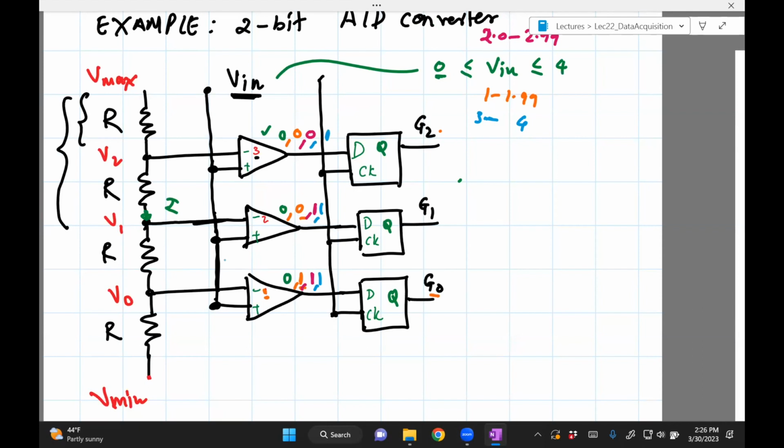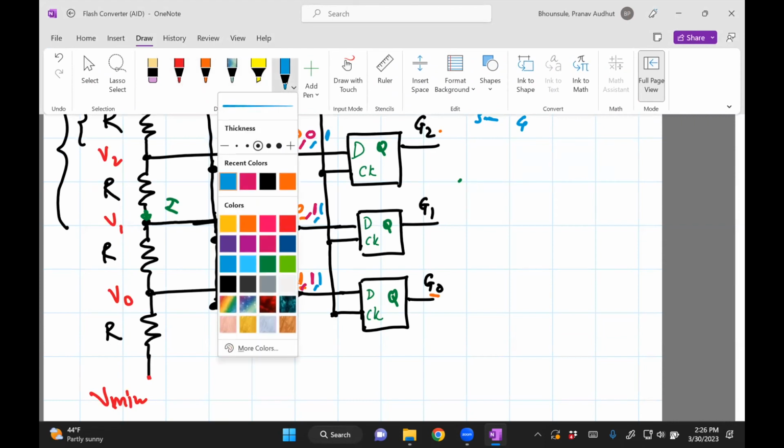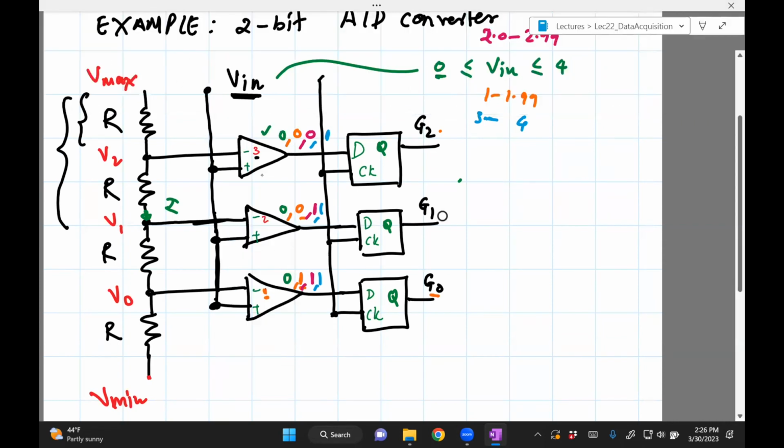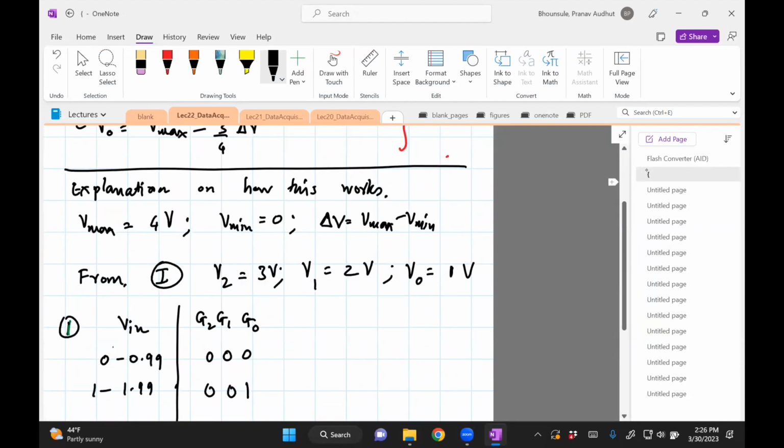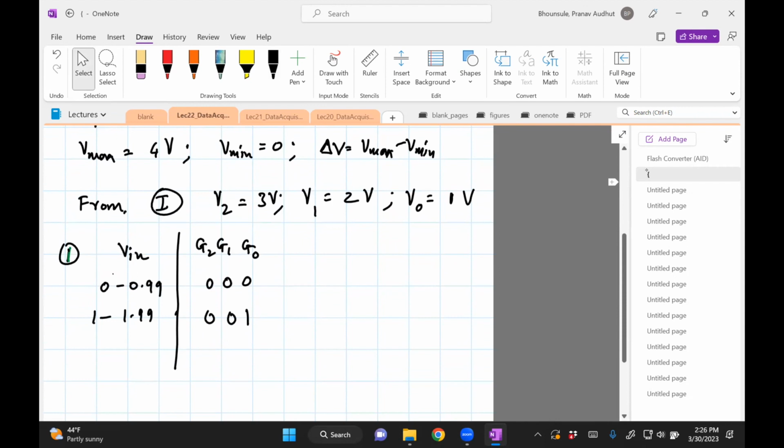I'm just going to take these 4 cases and put them in that table: 2 to 2.99, 3 to 3.99 or 3 to 4.